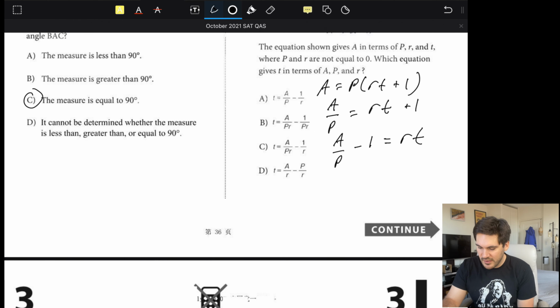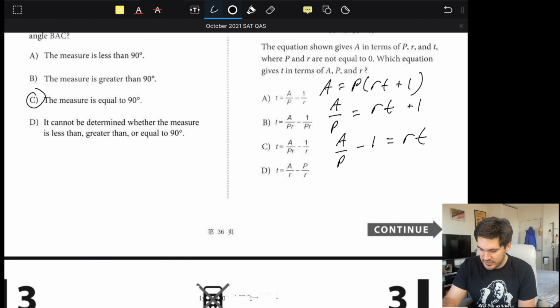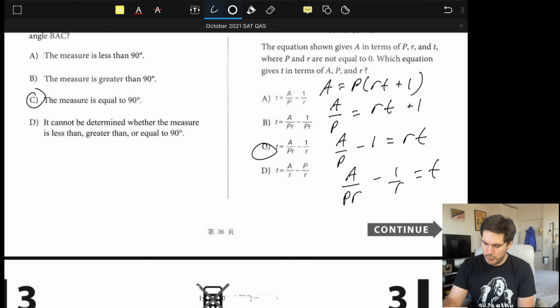And then we're dividing this by R. So we're going to have A over PR minus 1 over R equals T. And that looks like it's answer C. Cool.